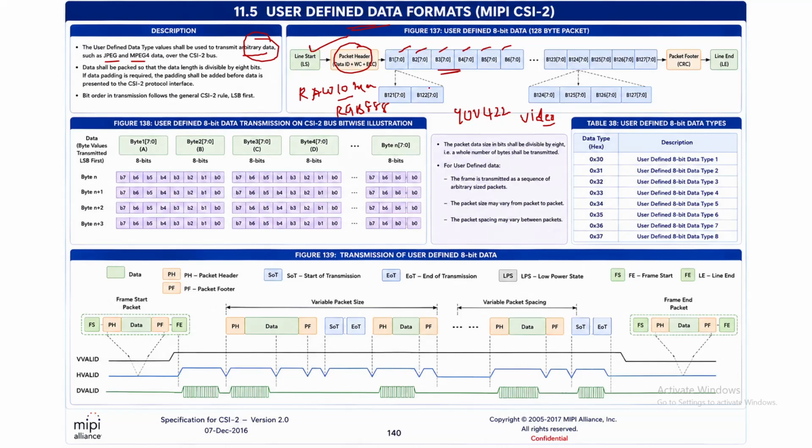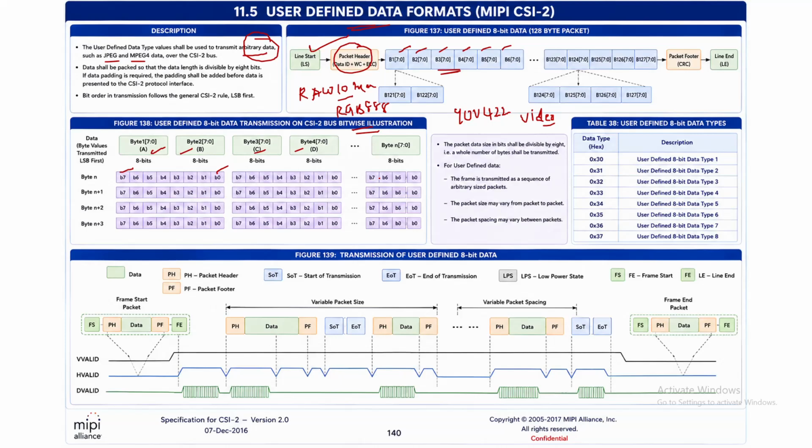Byte 1, byte 2, byte 3, byte 4 and so on, up to n number of bytes. All the bits are aligned to byte format, so 8 bits, B7 to B0, in byte 0 and byte 1. Based on the image, video or compressed data, we transmit different types of data.